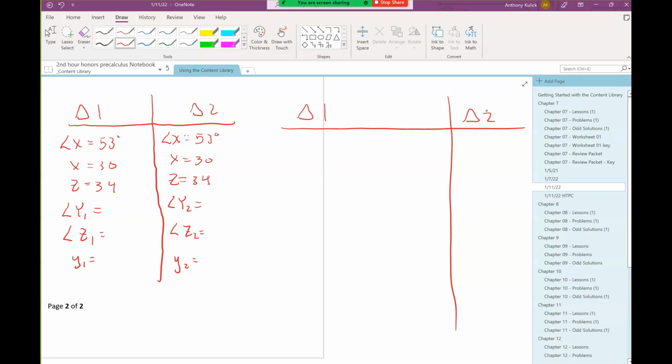So doing triangle 1, we're just going to set this up like a regular old law of sines problem. I know both angle X and side X, and I know side Z, so I'm going to be able to find angle Z. I guess I really mean Z1 though, right?